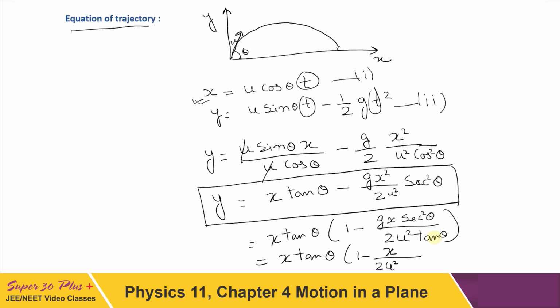Now this is sin theta upon cos theta, and sec square theta also is cos square theta here in denominator. So that will give sin theta into cos theta upon g. Can you recognize this term? 2u square sin theta cos theta by g, that is equal to range. So it can be written as x tan theta into 1 minus x by R.